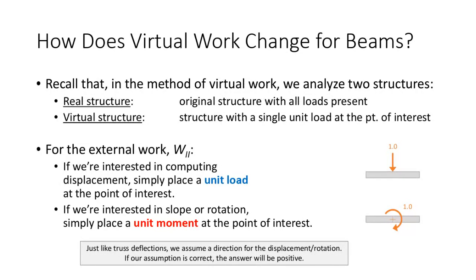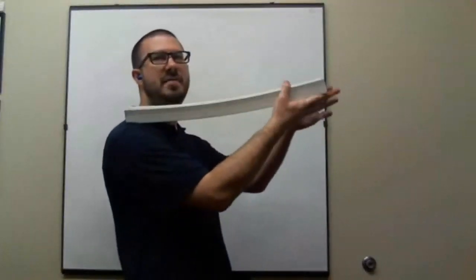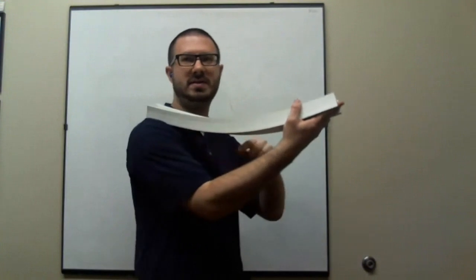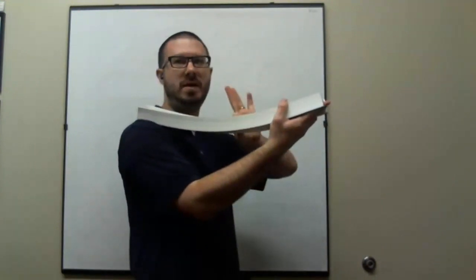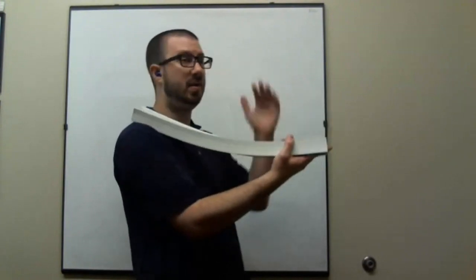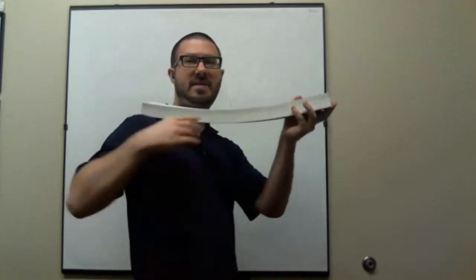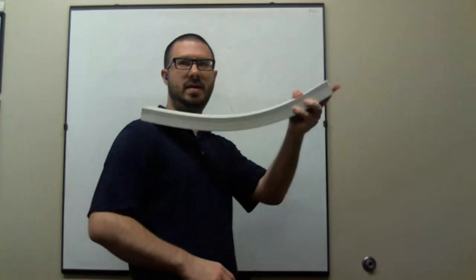What I mean by that is, if I have a beam here, and I'll use my shoulder for a second, and the beam has undergone this displacement, I can be interested in two things. Not just how much it displaces, the actual distance it's gone up and down, which I'll call a displacement, but also the rotation. Here's the beam where it's flat, and here's the beam where it underwent a displacement.